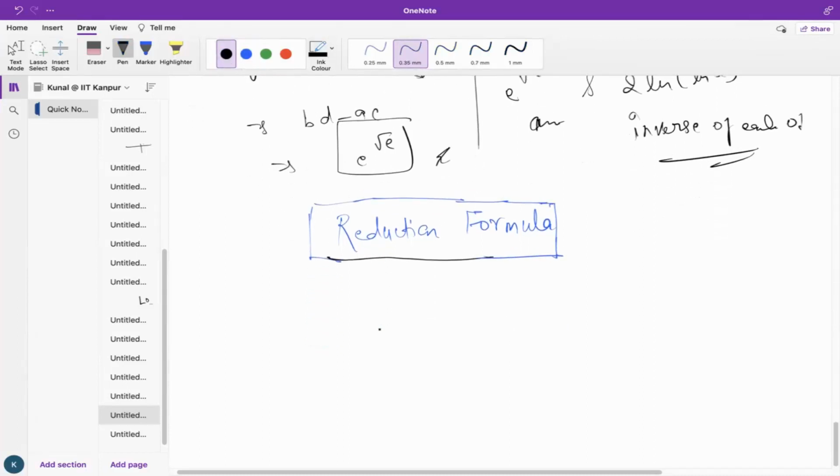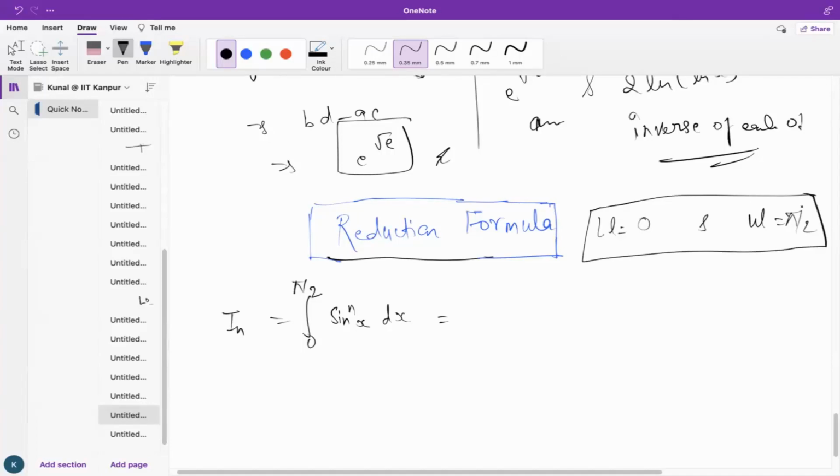Let me write here: I_n is equal to the integral from 0 to pi by 2 of sine to the power n x dx. The noted point is we are just looking at problems which have lower limit 0 and upper limit pi by 2. So note this thing.